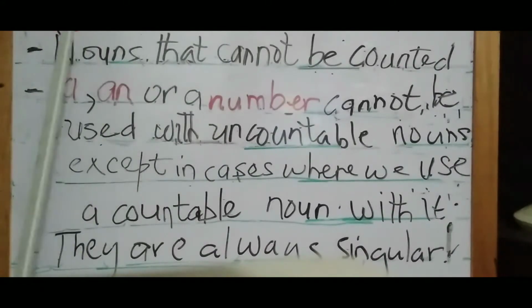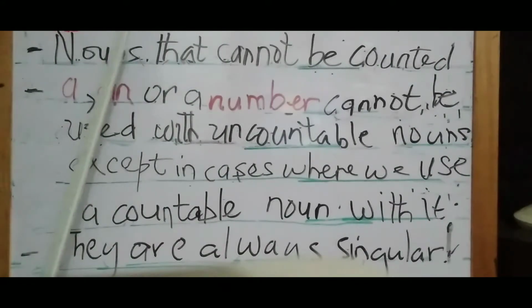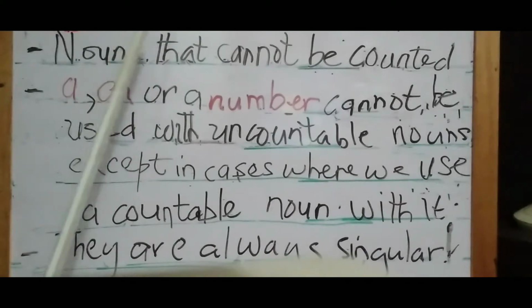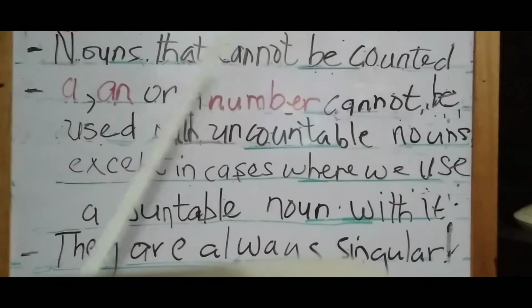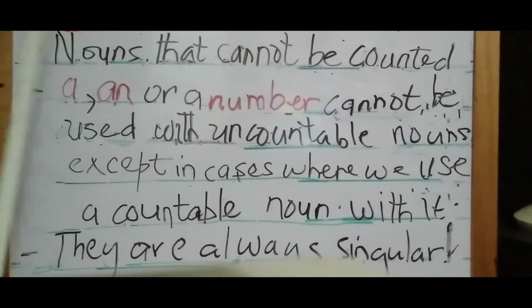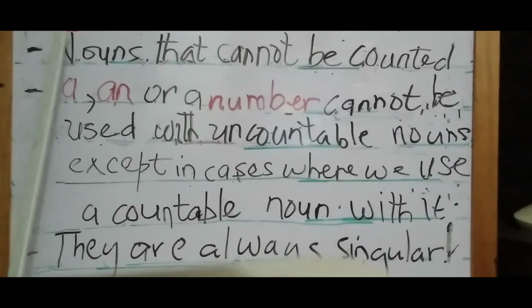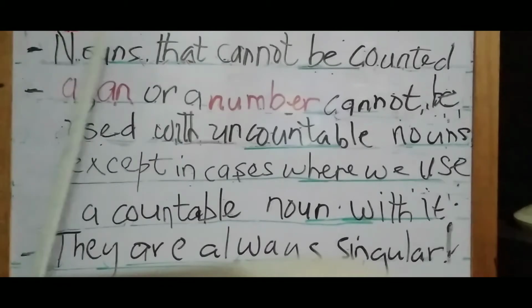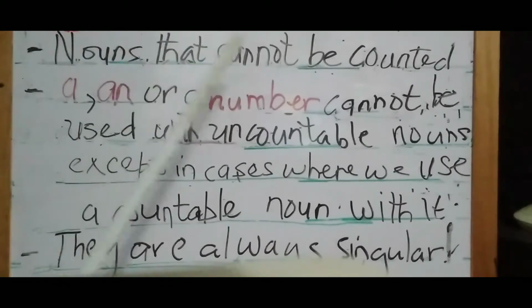You can't count them like you would with countable nouns. Like you could say we have books, you can count books, you can count cars, houses, people. Uncountable nouns are different. They are nouns that you can't count. And I'll explain further as we go along.